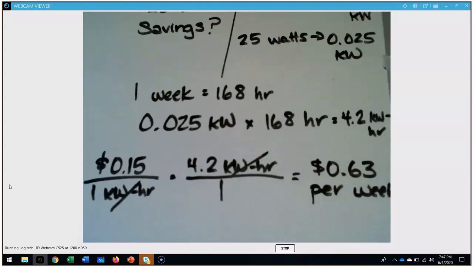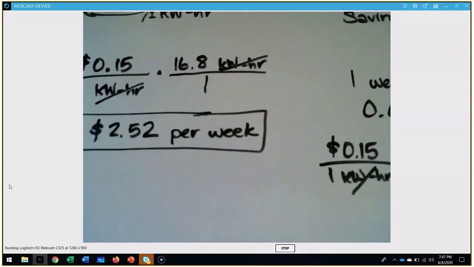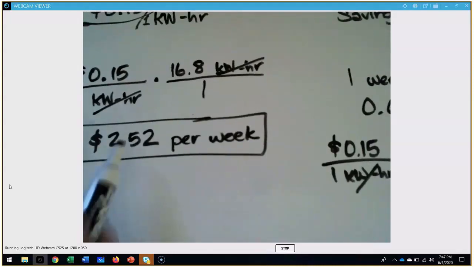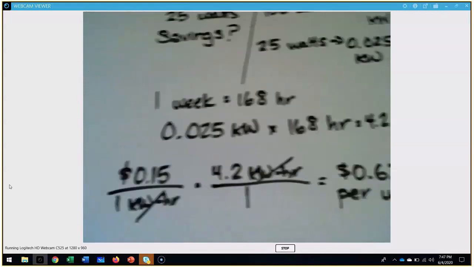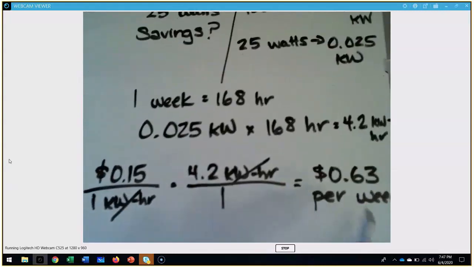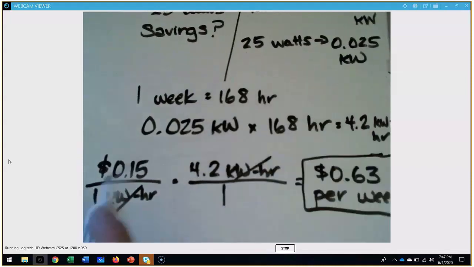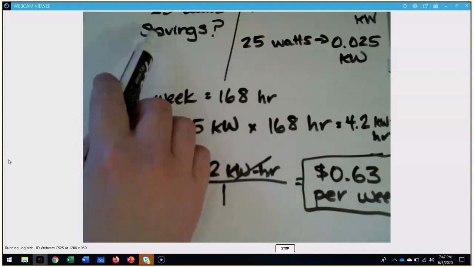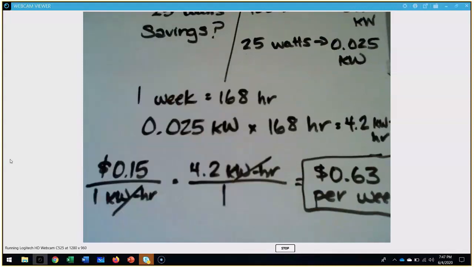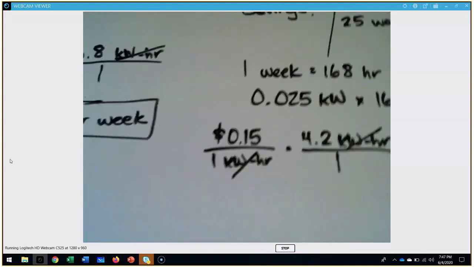All right, so going back, it was $2.52 for the old bulb, only 63 cents for this new LED bulb, but that's per week. And it's also not actually answering the question they wanted. They wanted to know the savings. So to find the savings, let's subtract them.